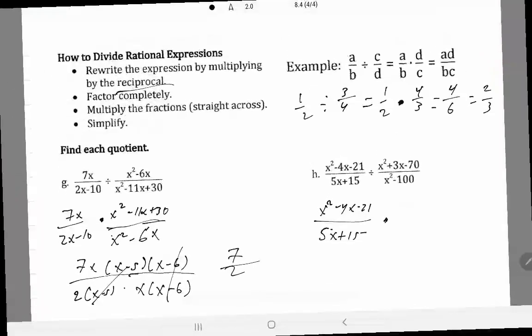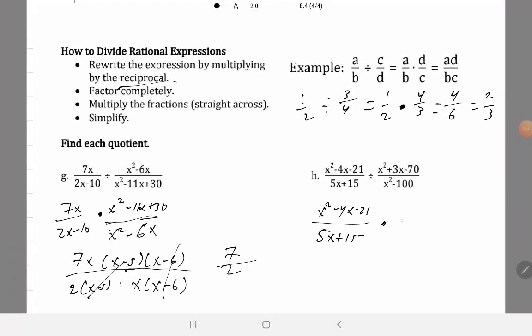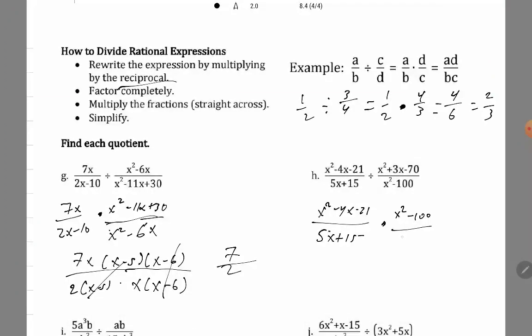What I do with my tablet, gotta flip. x squared minus 100 over x squared plus 3x minus 70.